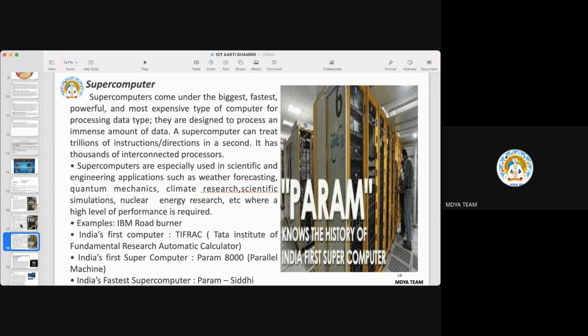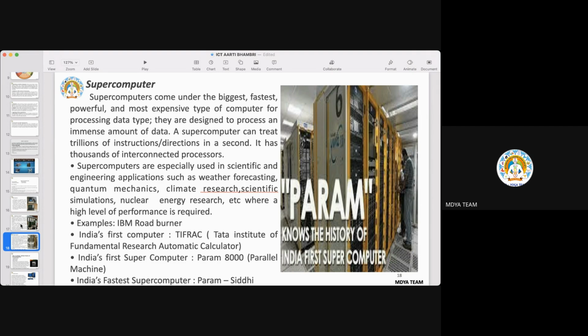They are specially used in scientific or engineering applications such as weather forecasting, quantum mechanics, climate research, scientific simulations, and nuclear energy research. A high level of performance and accuracy is required in those fields, so supercomputers are used there.